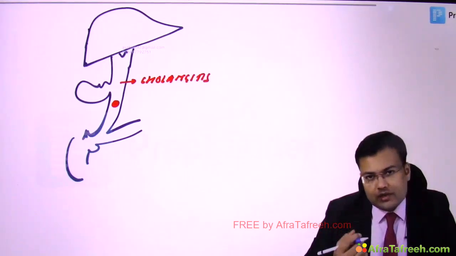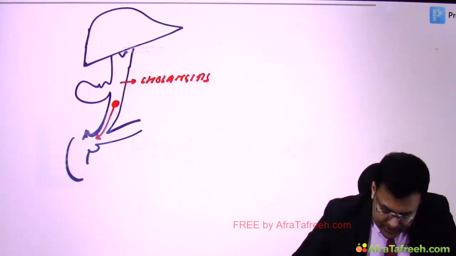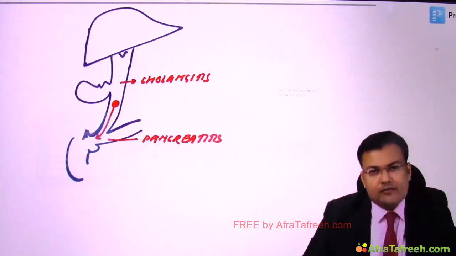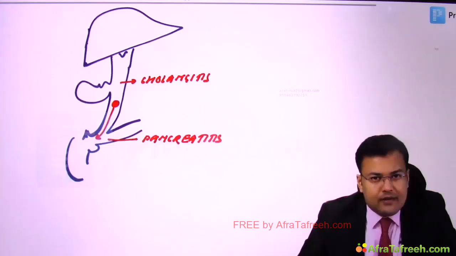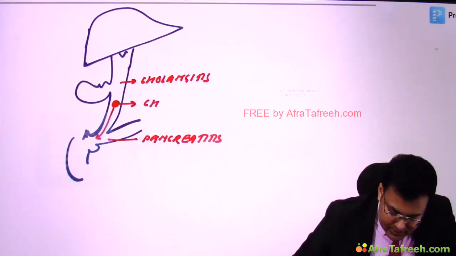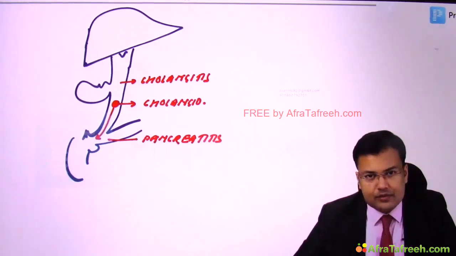When the stone comes down, it is going to obstruct the pancreatic duct, and because of that, patient can develop pancreatitis. Because of presence of CBD stone for long duration, there is chronic inflammation, and because of this chronic inflammation, it can increase the risk of cholangiocarcinoma. So these are the complications of CBD stone, right?